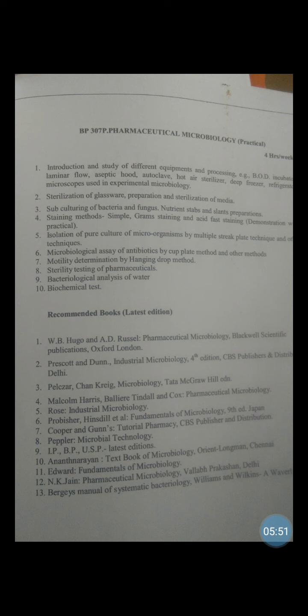Then broth cultures of different organisms.